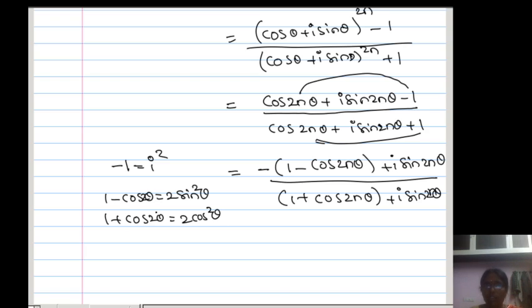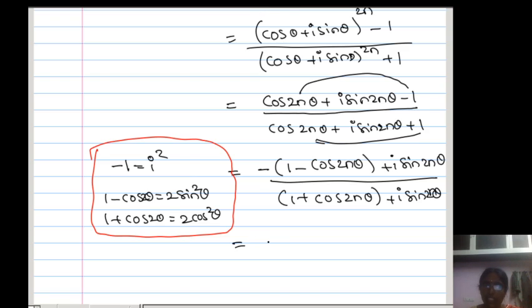Yes? Yeah. So here instead of theta you have n theta, so I want to apply these properties here. Replace minus 1 by i square, and 1 minus cos 2n theta can be written as 2 sin square n theta, and 1 plus cos 2n theta can be written as 2 cos square n theta, by using the trigonometric formulas.